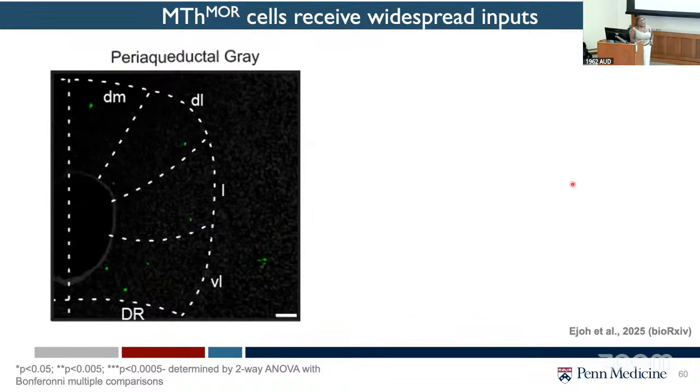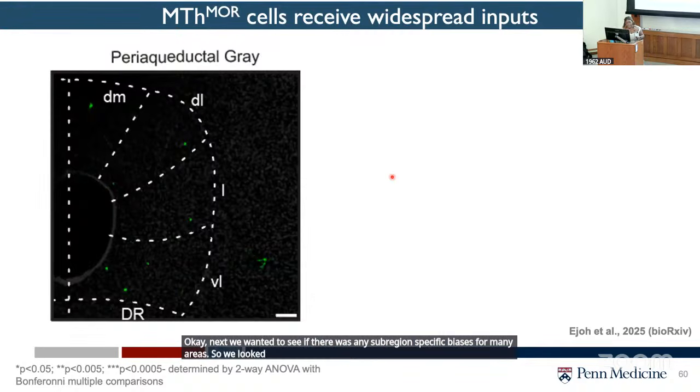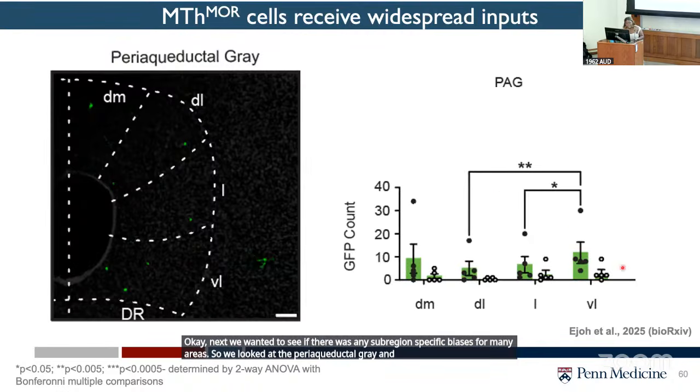Okay. Next, we wanted to see if there were any subregion-specific biases from any areas. So we looked at the periaqueductal gray and found that subregions of the ipsilateral PAG, for example the VLPAG, project to the medial thalamus, CLMD, more than others. Here we have VLPAG projecting significantly more than lateral or dorsolateral PAG.